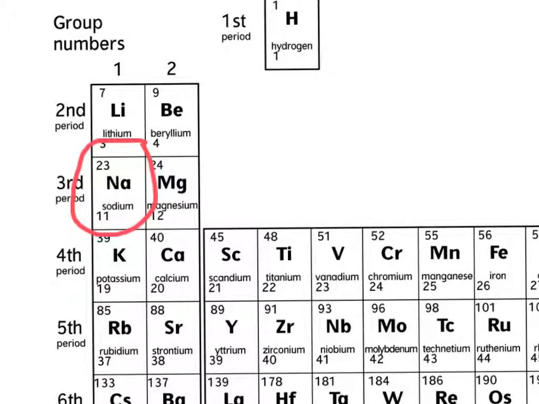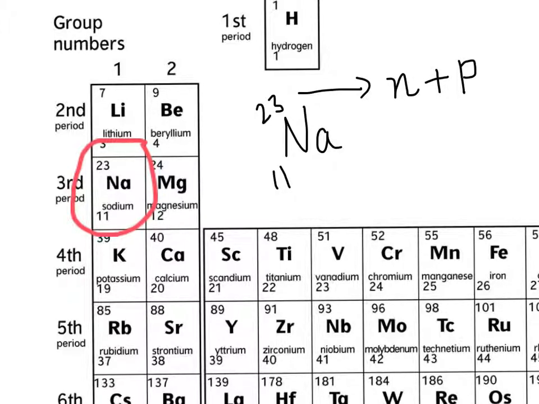One is a bigger number and the other one is a smaller number. So I'm going to rewrite these numbers here, Na 23 and 11. Now the bigger number represents the number of neutrons and protons, so I'm going to write that here: neutrons plus protons. And the smaller number represents the number of protons the sodium atom has.